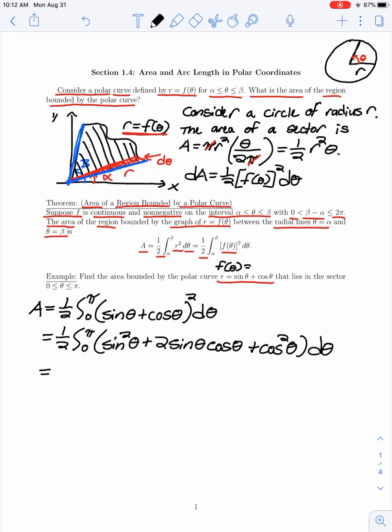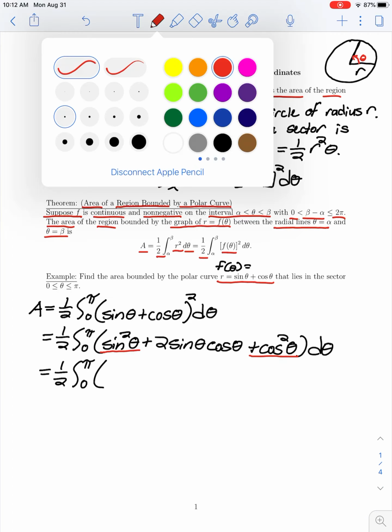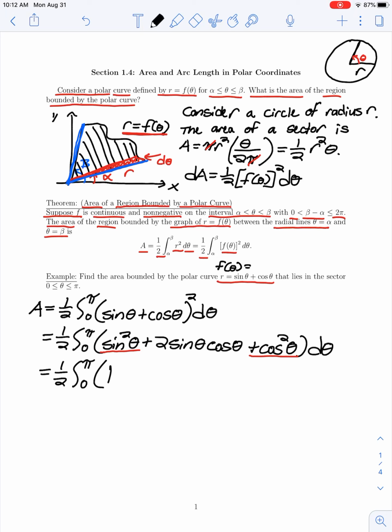And we can simplify this a bit further. Looking inside of our integrand, we have sine squared theta plus cosine squared theta, and we know that that sums to 1. And then we're still left with the 2 sine of theta times cosine of theta term.